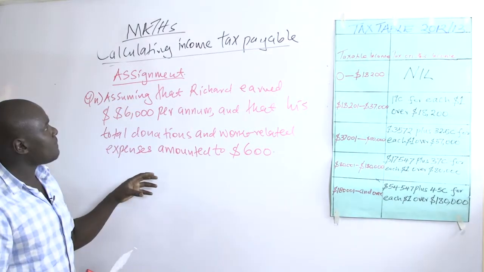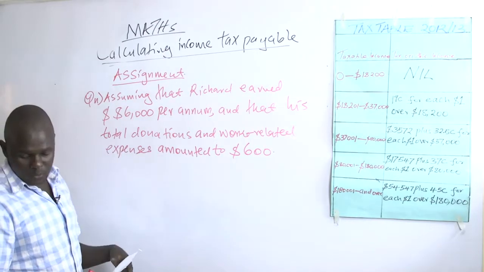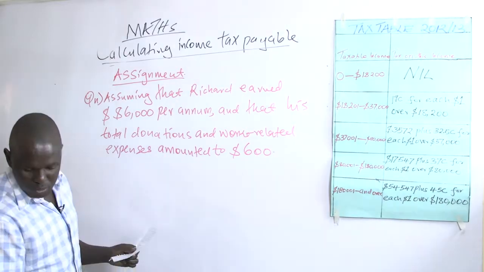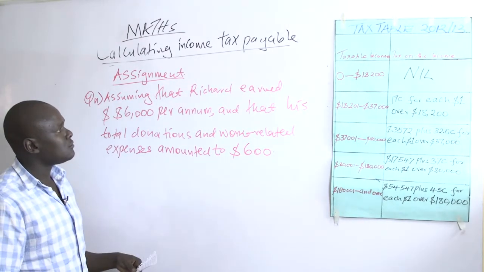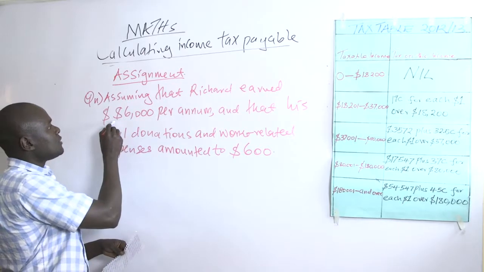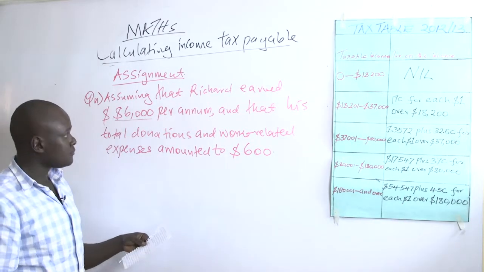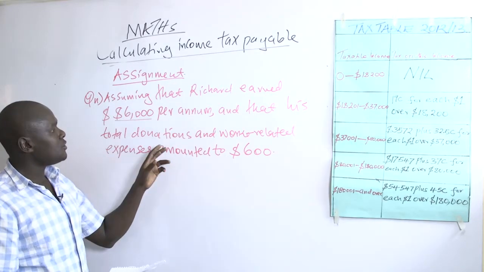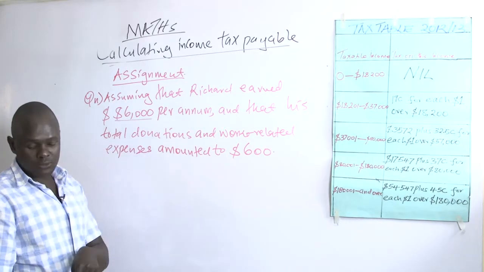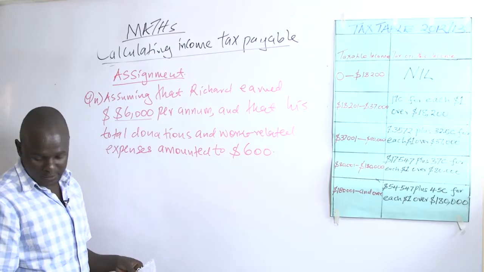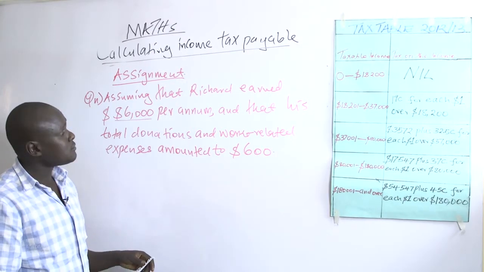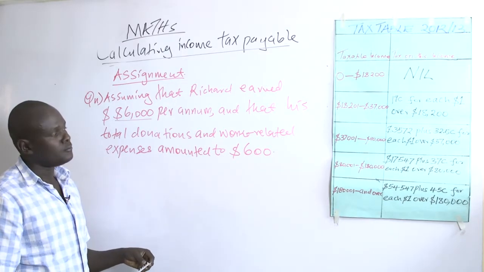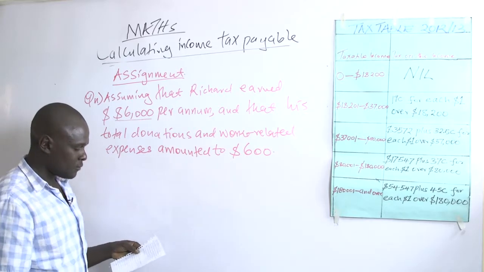We assume that instead of what he earned, which was actually $54,600, this time he earned this amount. And instead of his total donations and work-related expenses amounting to $375, this time it has increased to $600.